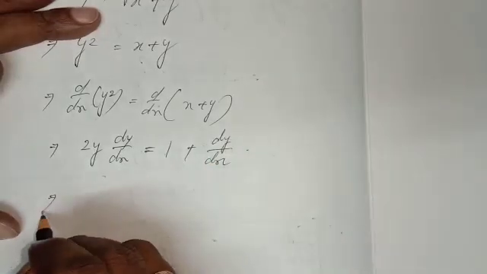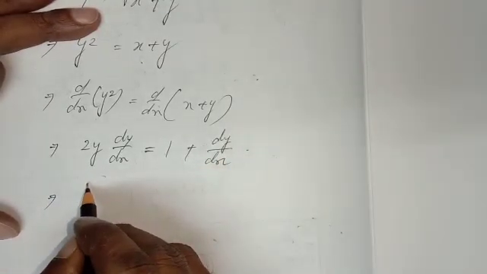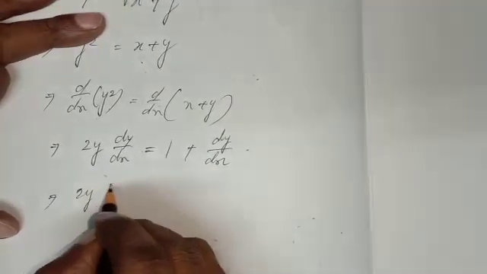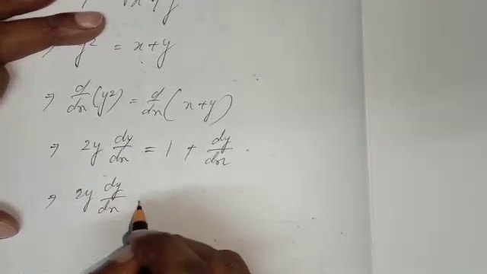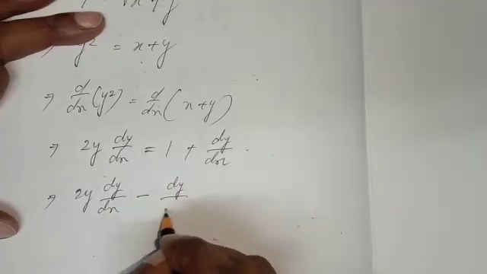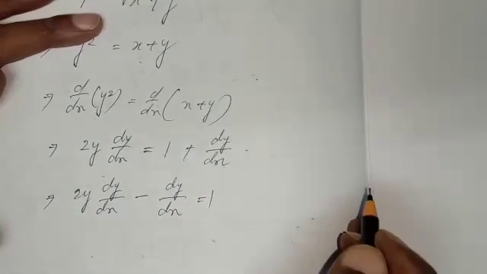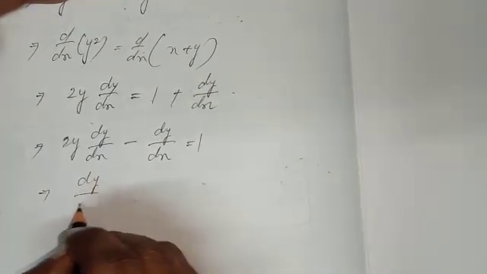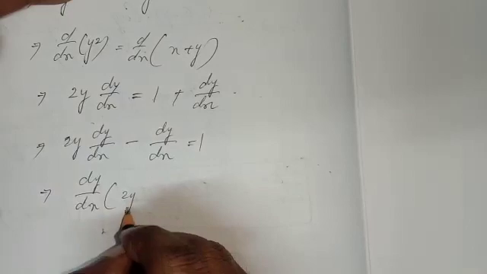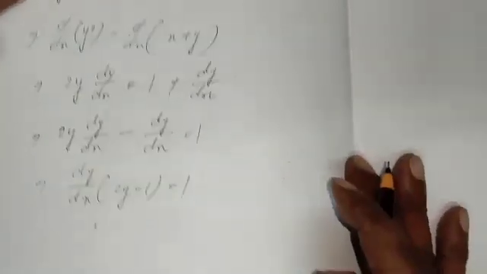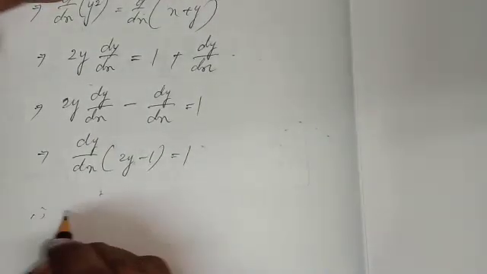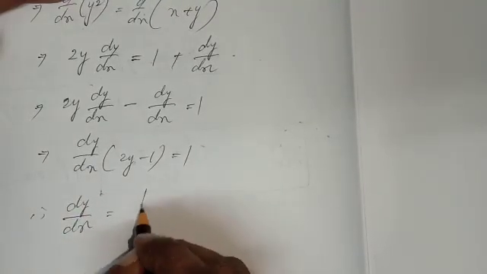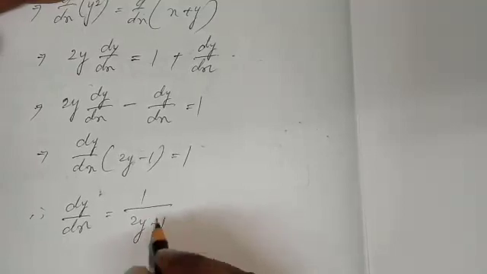Now this one bring this side, it will be how much? 2y dy by dx minus dy by dx is equal to 1. Taking dy by dx common, 2y minus 1 is equal to 1. Therefore, dy by dx is equal to how much? 1 by 2y minus 1.